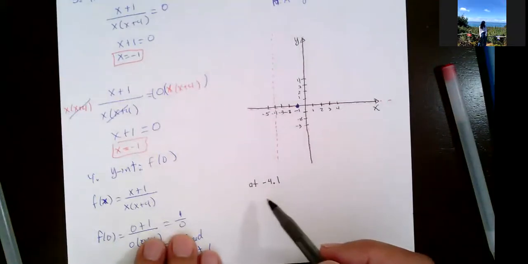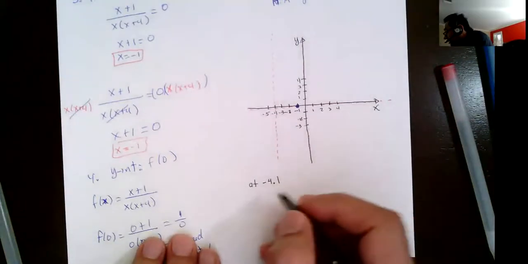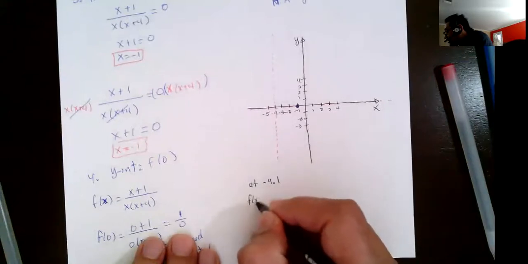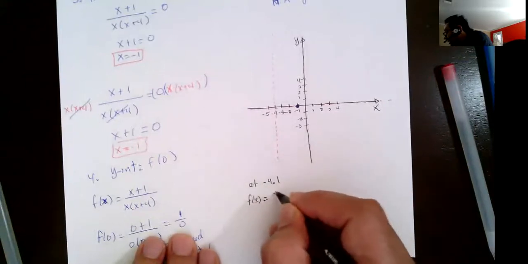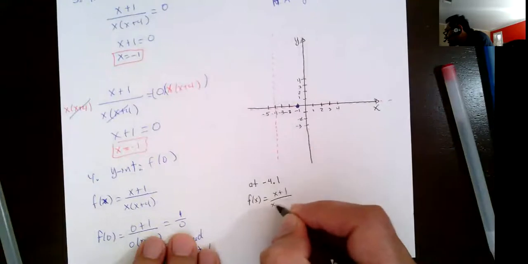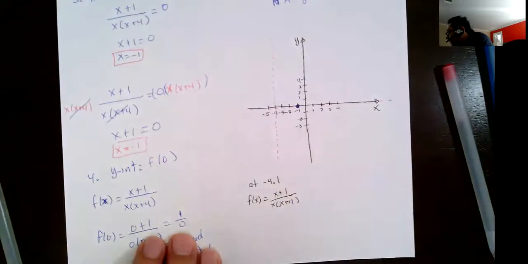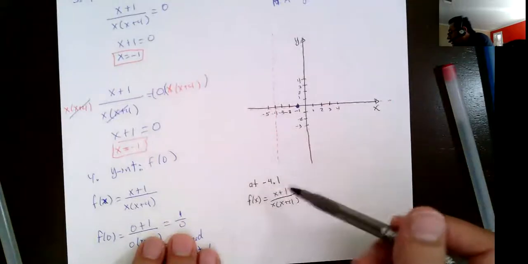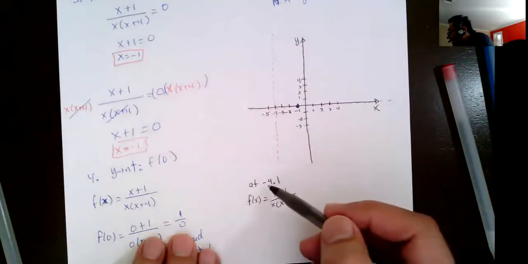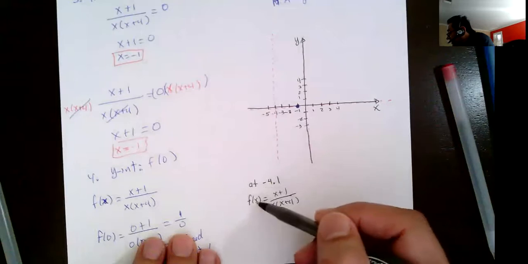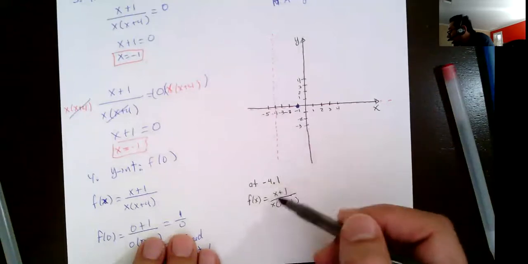So we're going to plug this value into f of x, which is x plus 1 divided by x times x plus 4. What we want to know is what happens when we plug x equals -4.1 into f of x.